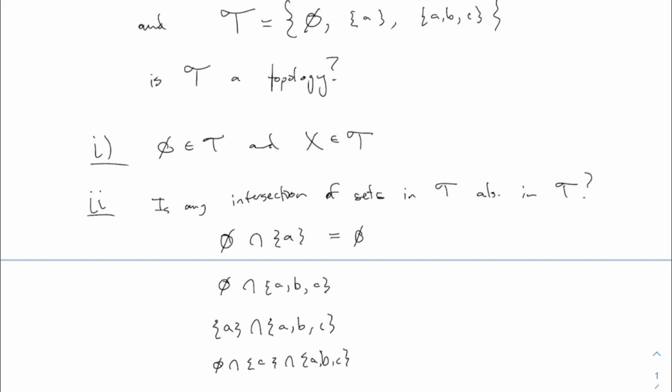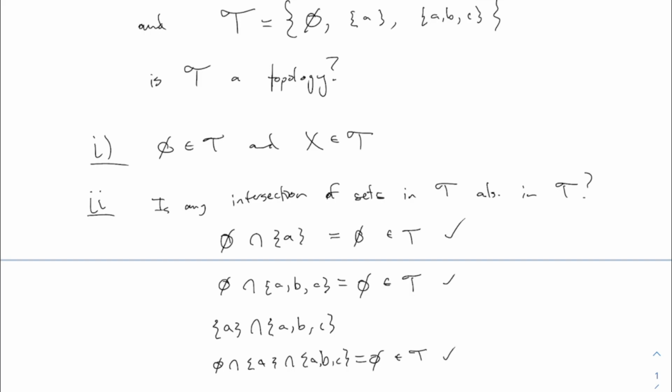So this one is in T. I'll put a little check mark there. What's the next intersection? Empty set intersect ABC. Again, empty set intersect anything is always empty set. So this is empty set again, which is in T. So that's good. And would you mind if I just jump to the last one? This is also the empty set because it involves the empty set being intersected with some other stuff. So this also is in T. The only somewhat interesting one is that fourth one there.